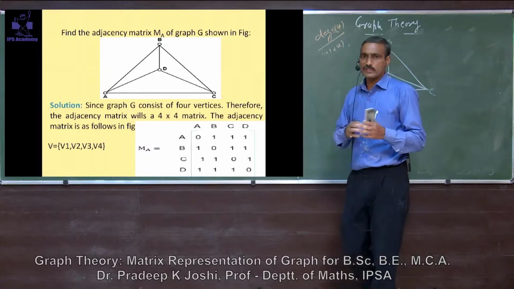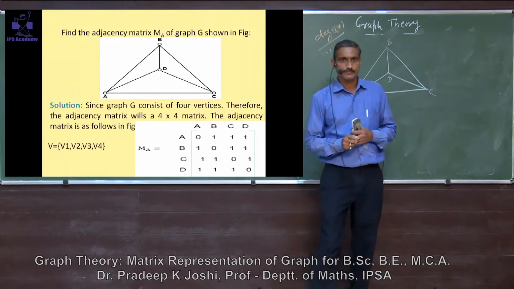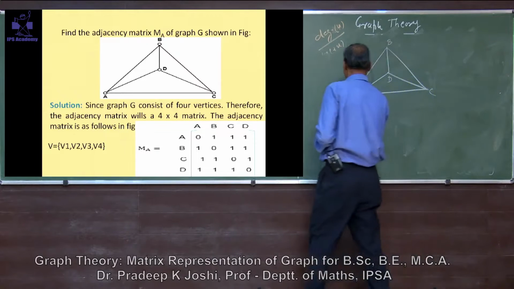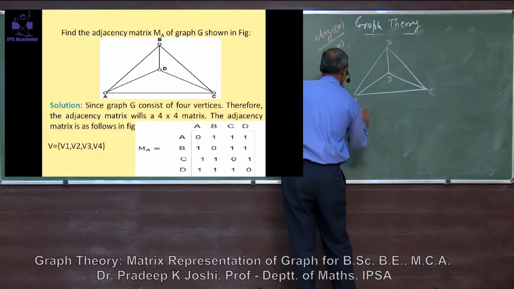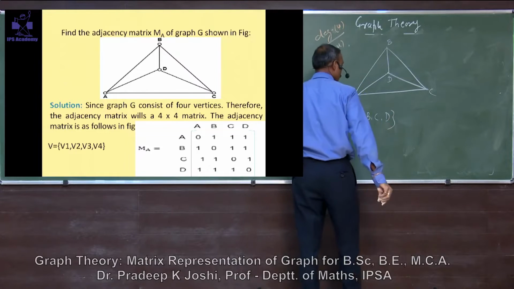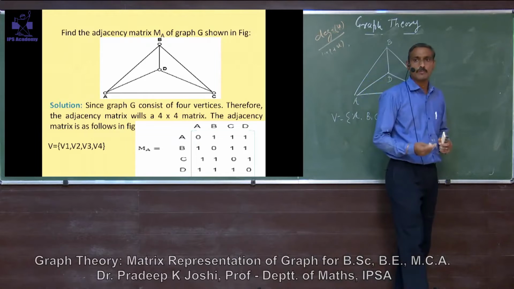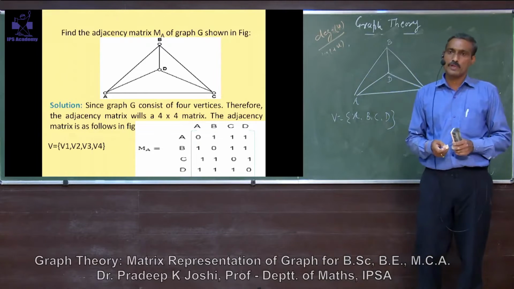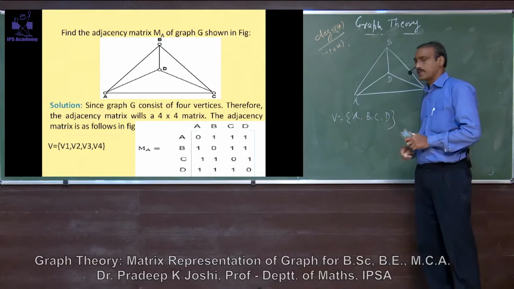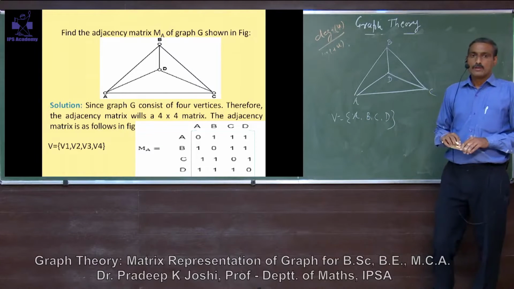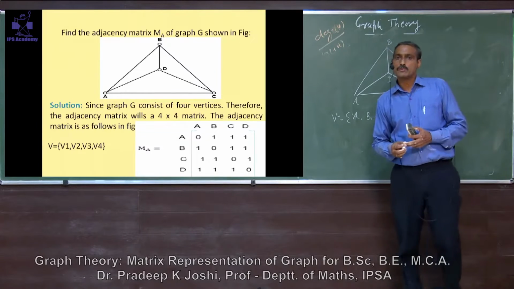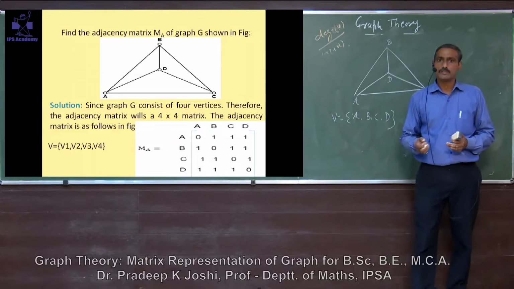We only have to find the adjacency relation between vertices. How many vertices are in this graph? V = {A, B, C, D}. There are 4 vertices, so the order of the adjacency matrix will be 4 by 4. That means it is a square matrix. Since graph G consists of 4 vertices, the adjacency matrix will be of order 4 by 4.